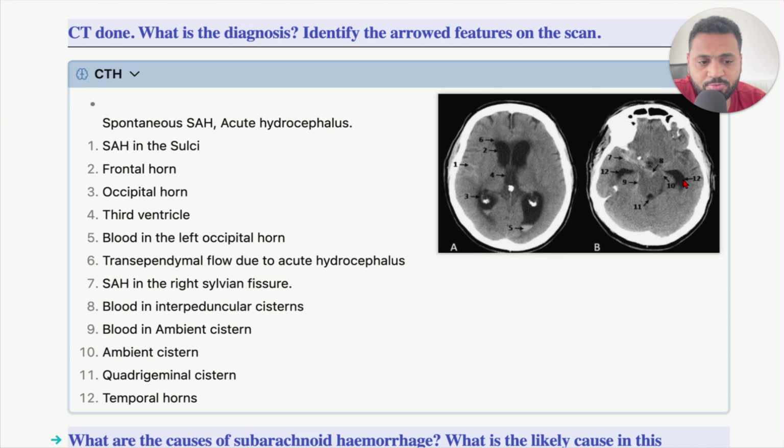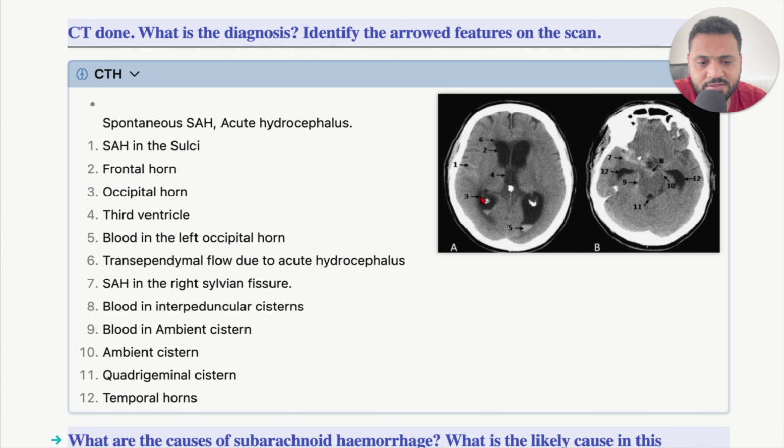You can see the temporal horns are increased, which is number 12 on both sides, and also the frontal horn and the occipital horn are dilated with periventricular permeation of the CSF, or transependymal permeation of the CSF. You can see the hypodensity around the ventricles in all directions, and that suggests that this patient has acute hydrocephalus and also a subarachnoid hemorrhage that's dispersed into the basal cisterns, the sylvian fissure, and the sulci on the right side.